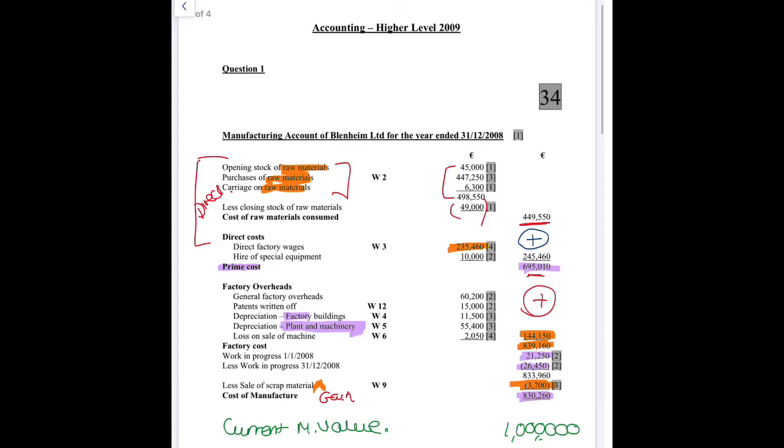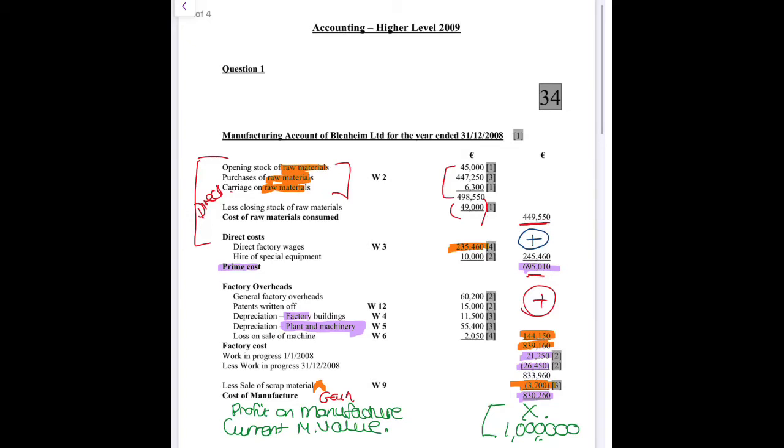You put into your calculator 1 million minus your 830,260, and then you'd go in between it, write profit on manufacture, and you put your answer here. So make sure if you're given your current market value, that's what you do. And if you are given a current market value, you don't carry over your cost of manufacture, you carry over these two figures, your profit and your current market value.